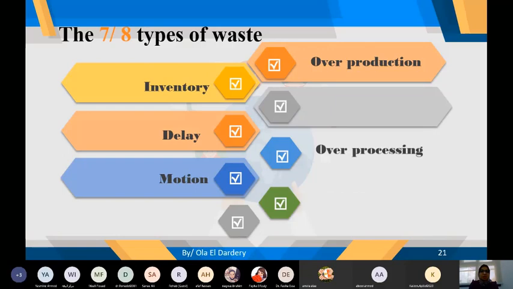Overproduction, and this is as well related to overprocessing. Overprocessing is, of course, something that we said we need to get rid of, whether this is a service industry or manufacturing industry, because it creates a lot of irregularities. It creates a lot of unseen sources of waste, like overprocessing. Nowadays, everybody's focusing on just in time.